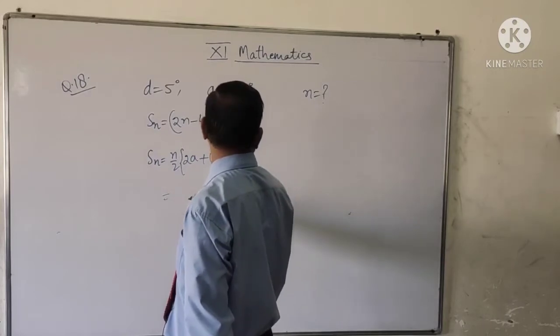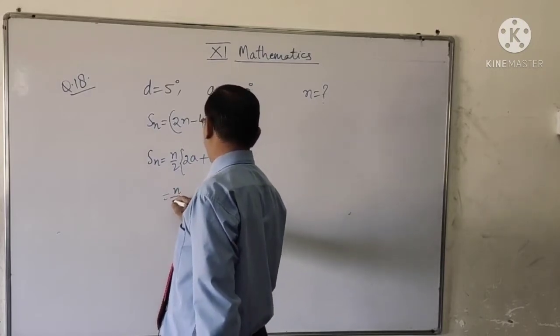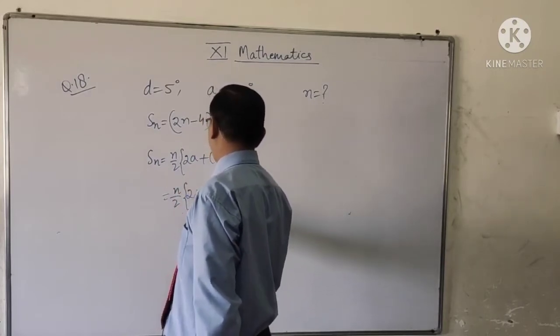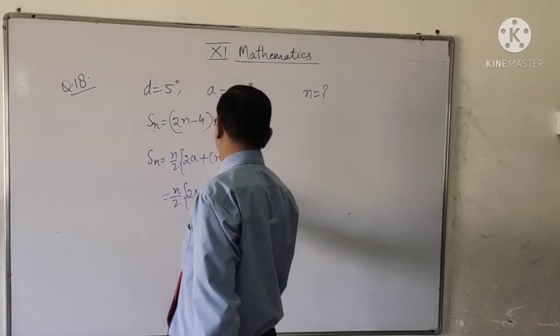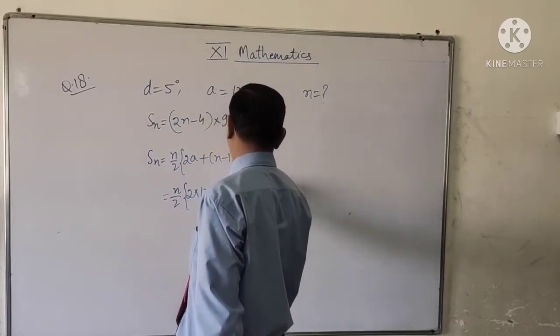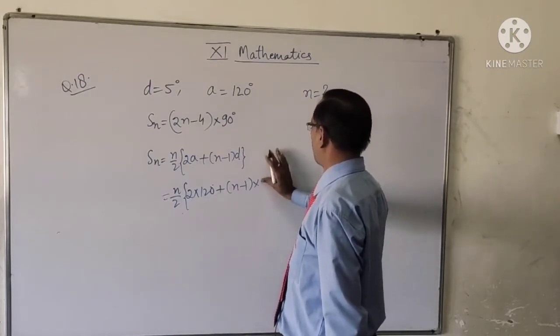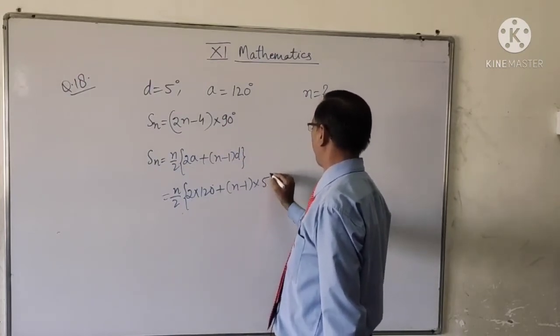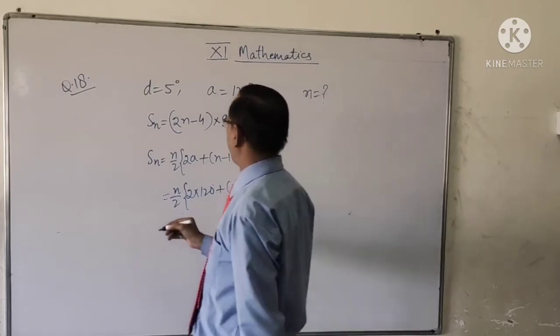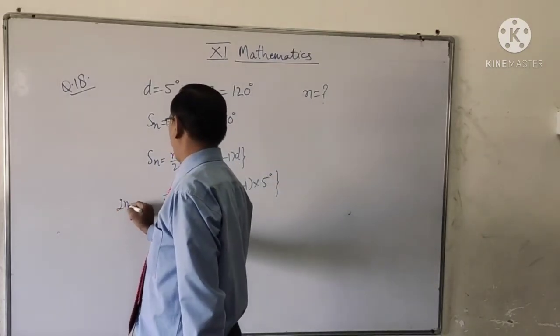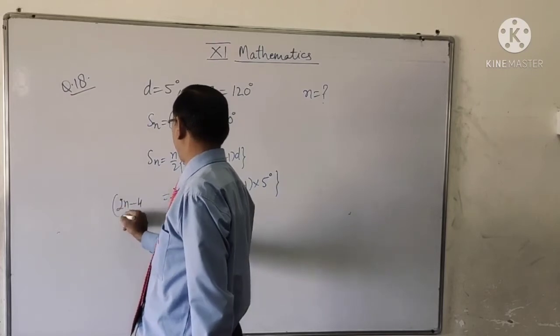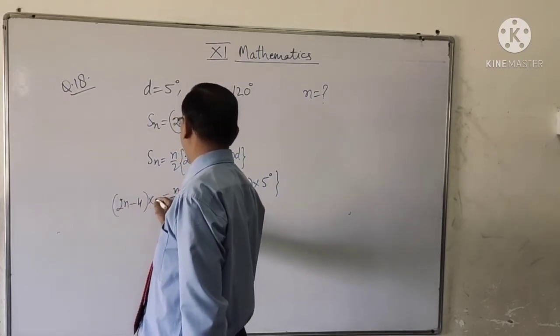Here n is what we have to find, 2 into 120 degrees plus n minus 1 into d. D is 5 degrees and Sn is 2n minus 4 into 90 degrees.